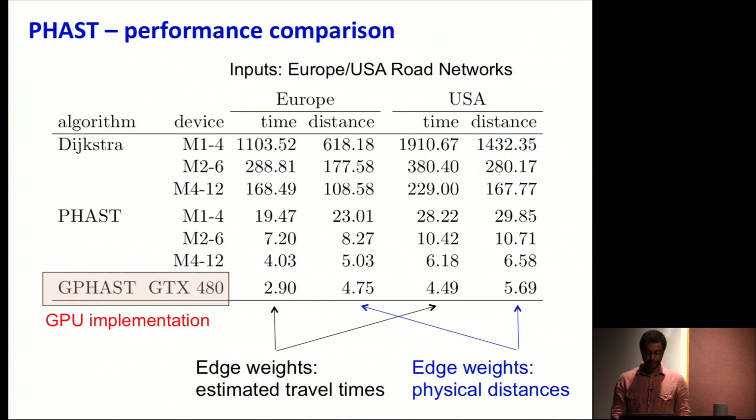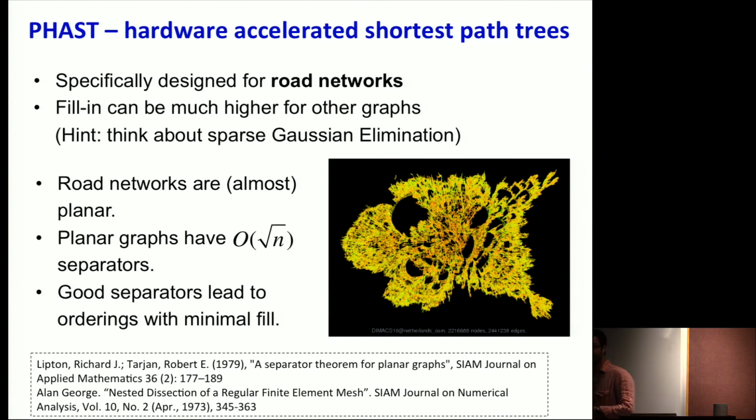And the road networks, it works fine, because road networks are almost planar, except for the bridges. You can actually draw it otherwise. What that means is you can bound the fill that's going to happen during that ordering phase. And from the planar separator theorem, there is a square root of n separator.